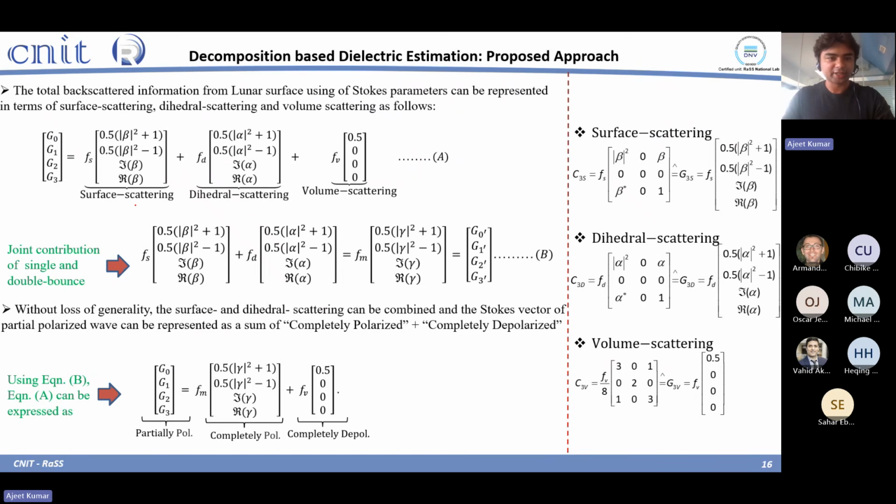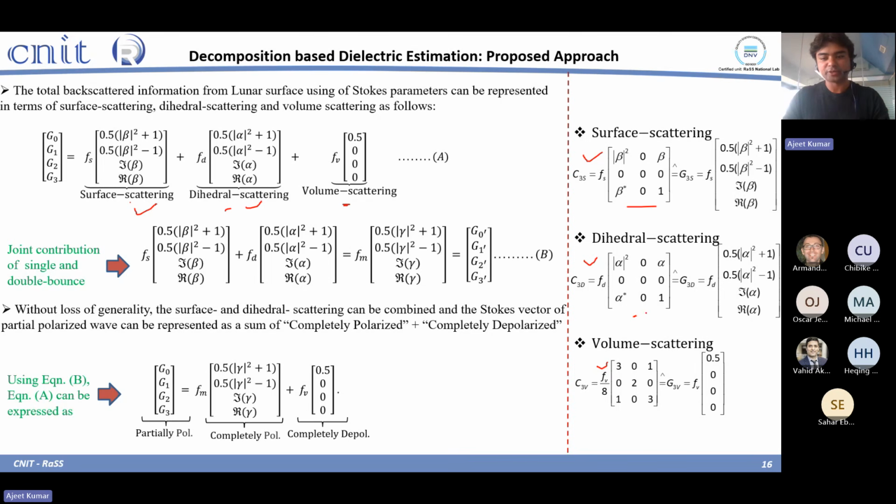This one and this one are completely polarized components, and this one is a completely depolarized component. This was derived from the already known covariance matrices for single bounce, double bounce, and volume scattering.